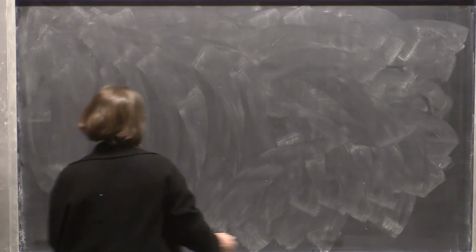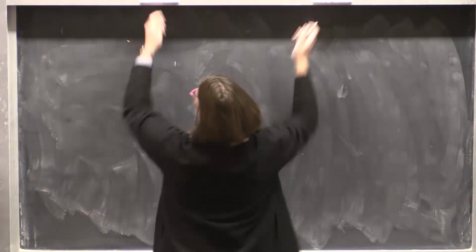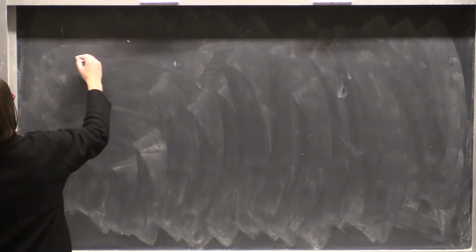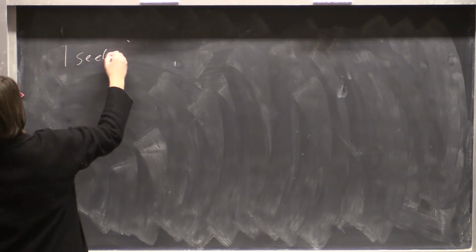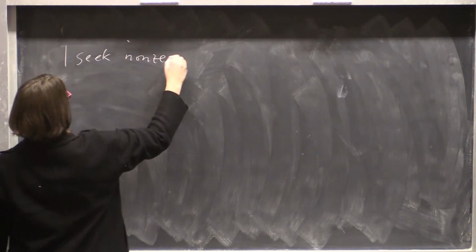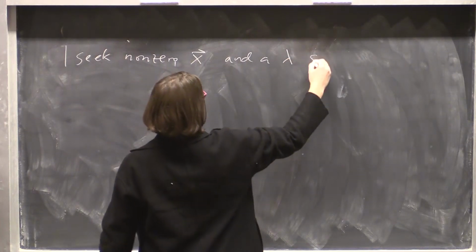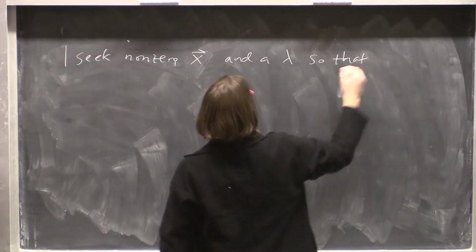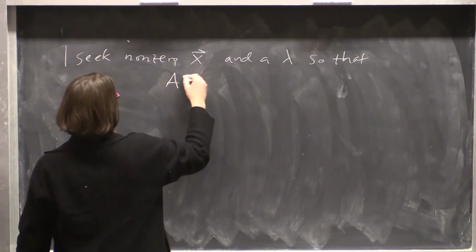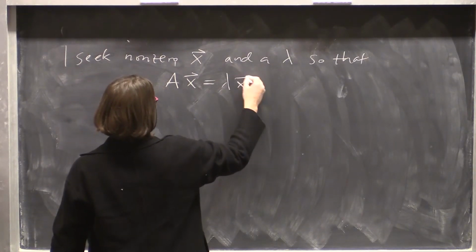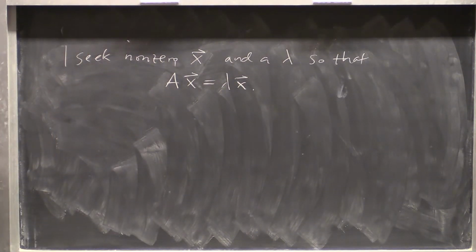Okay, so I seek a non-zero x and a lambda so that Ax equals lambda x. That's what I want.